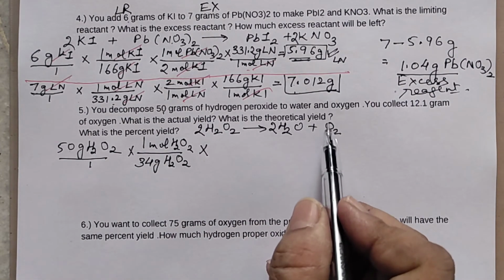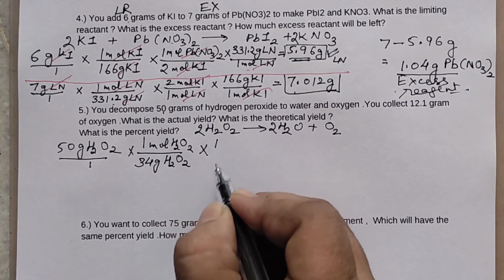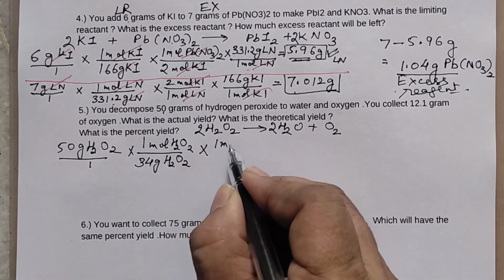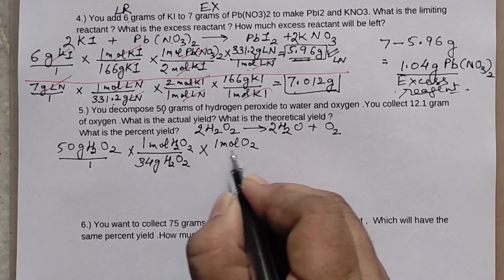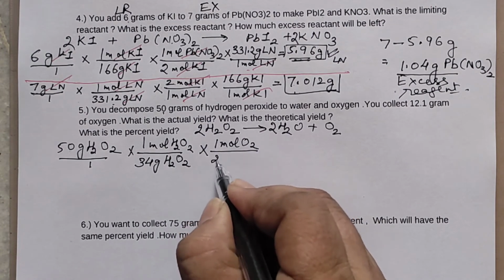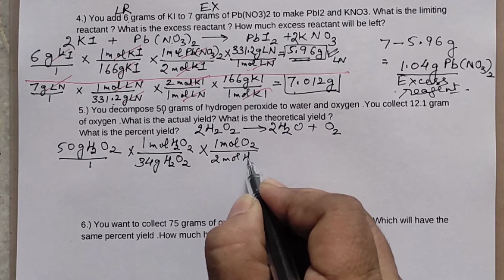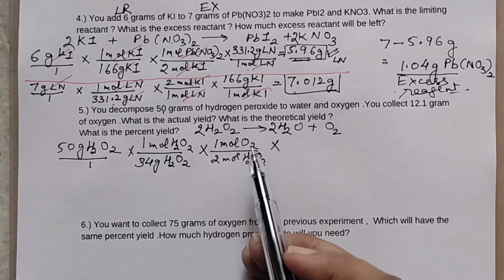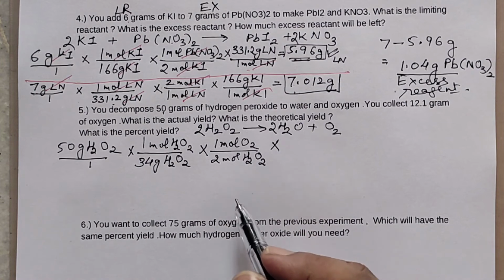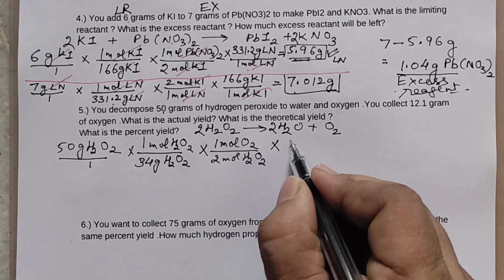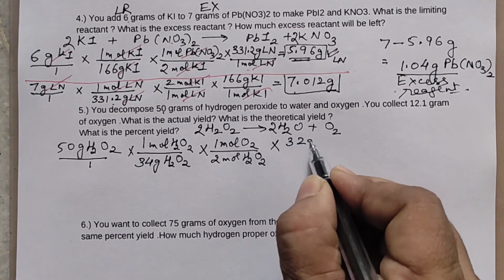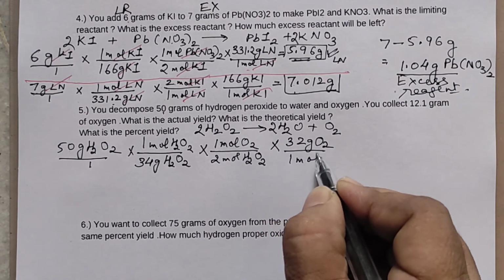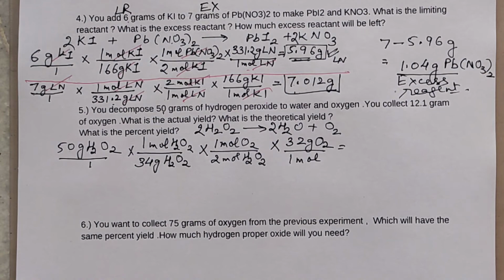So what are we calculating? Oxygen. So oxygen moles will be in the numerator. What are the coefficients? Molar ratios you are going to compare. 1 mole of oxygen is 2 moles of hydrogen peroxide. Right? Now we will find out the mass of oxygen obtained. What is the molar mass of oxygen? 32 grams. So 32 grams of oxygen is 1 mole. We are going to calculate this part first.